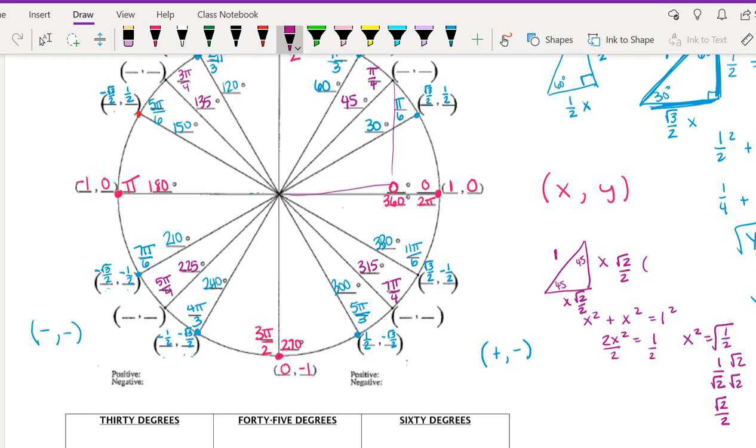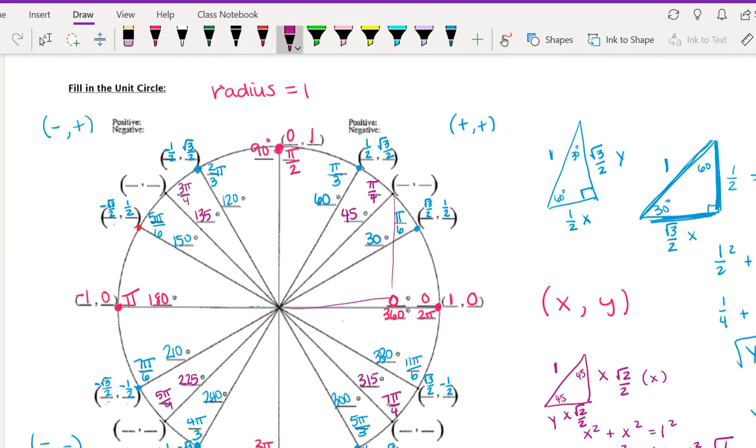That's my x, and that's my y. So if I go to my ordered pairs, this is the square root of 2 over 2. And this is the square root of 2 over 2. They're the same because they have to be the same distance vertically and horizontally.